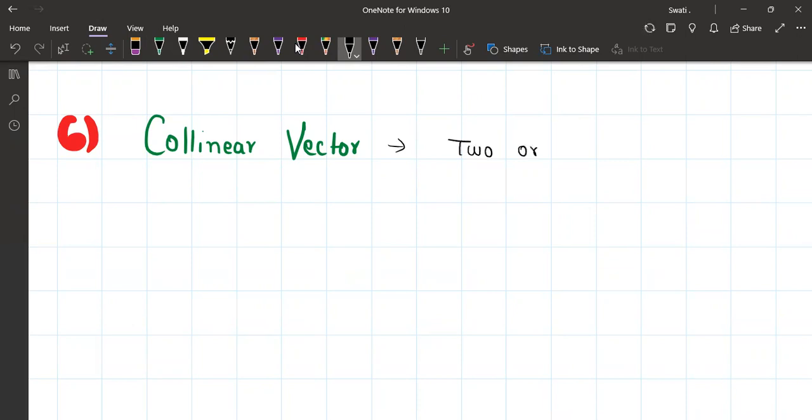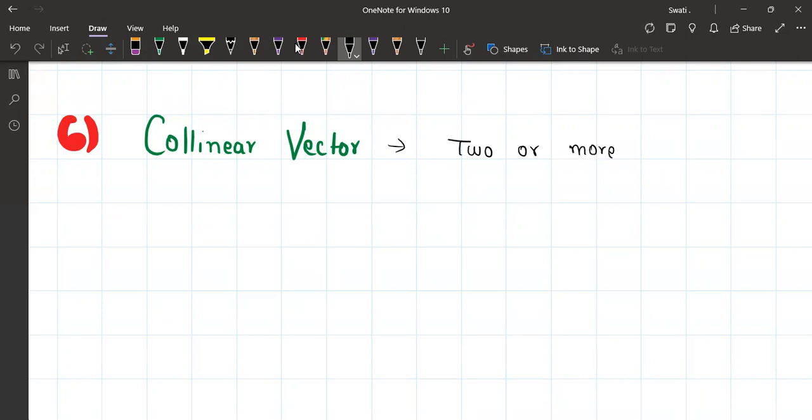We have very nice examples on distinguishing the collinear vector, equal vector, coinitial vector, zero vector, unit vector in NCERT. So here I'm just making you understand the meaning of collinear vector. But when I take examples where we have to find out whether the vectors are collinear or not, you will understand it in the best way. So right now I'm writing the definition.